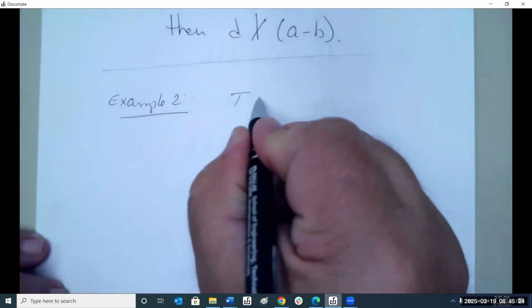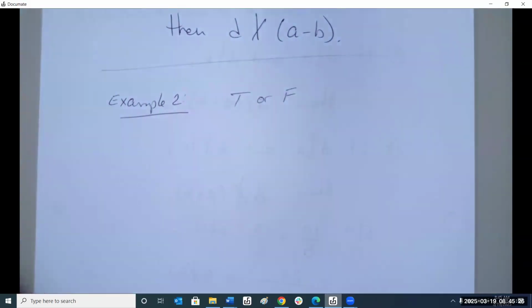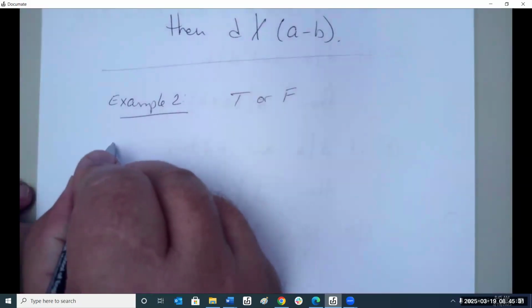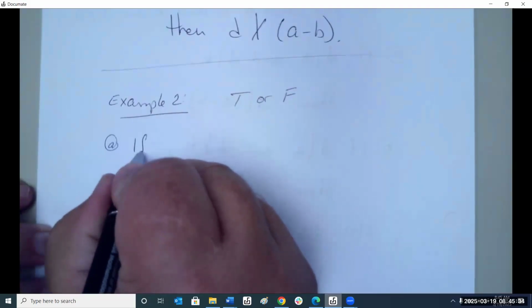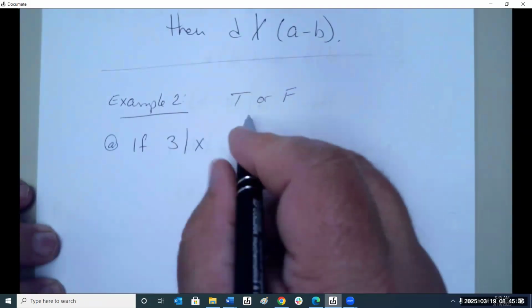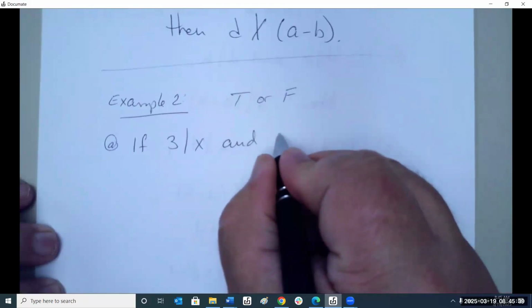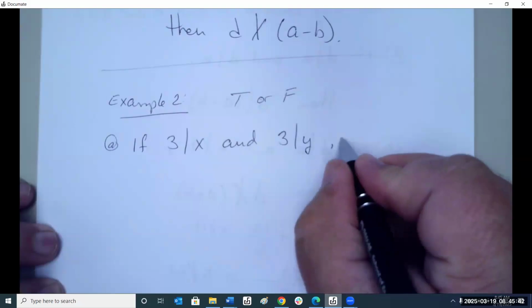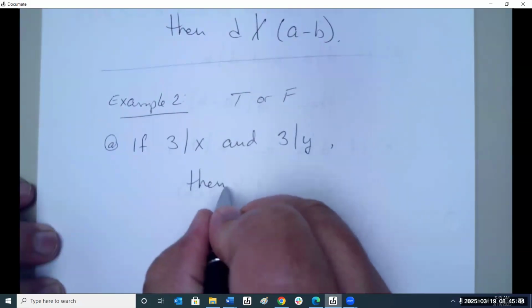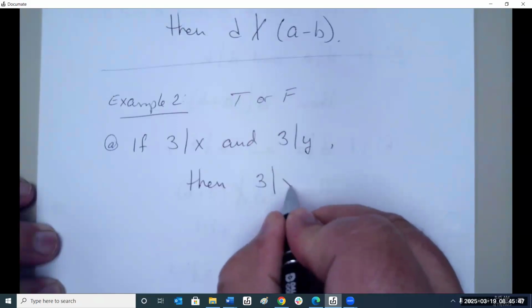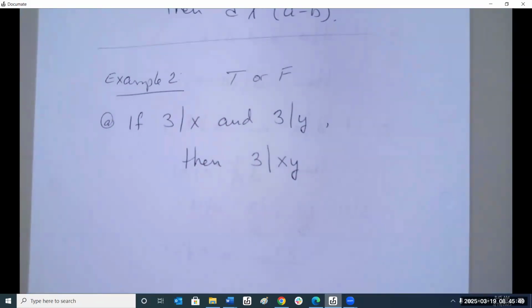Okay, true or false? Where X and Y are whole numbers. If 3 is a divisor of X and 3 is a divisor of Y, is it going to be X plus Y?